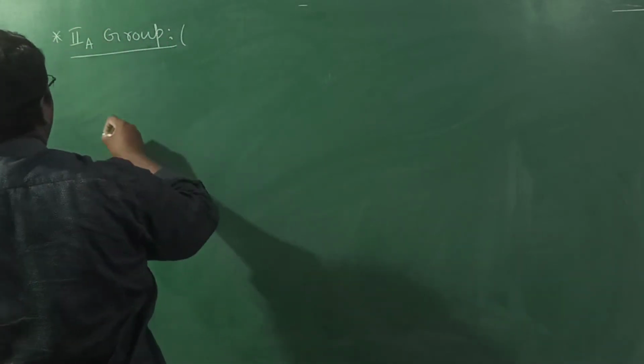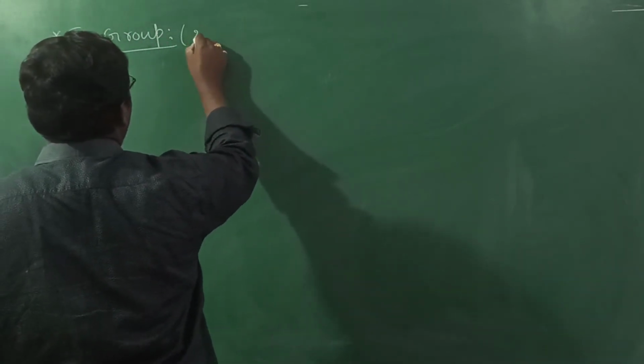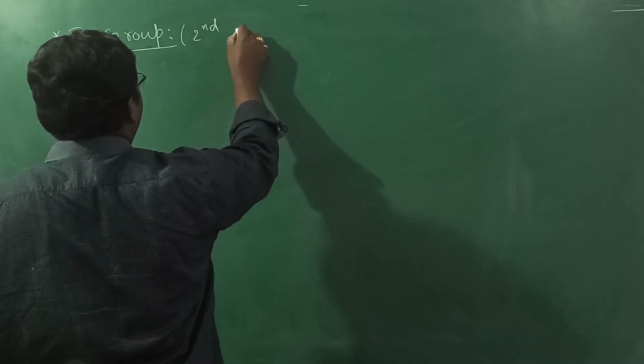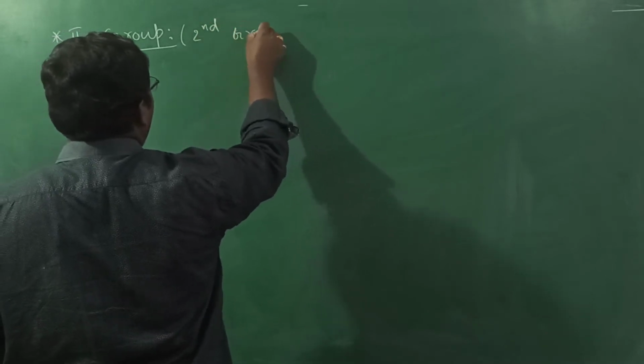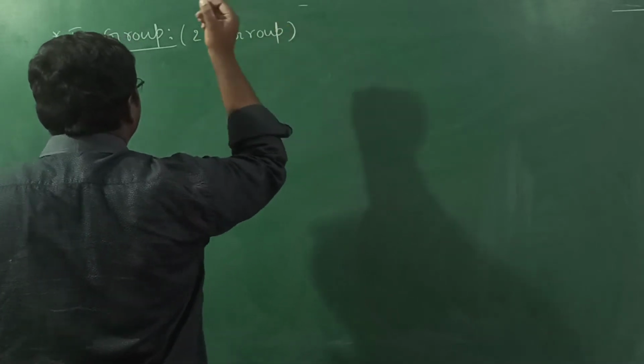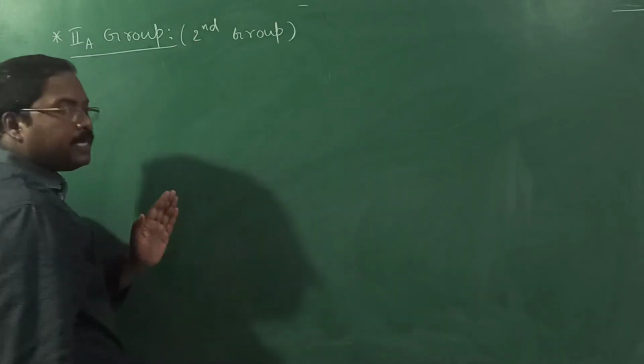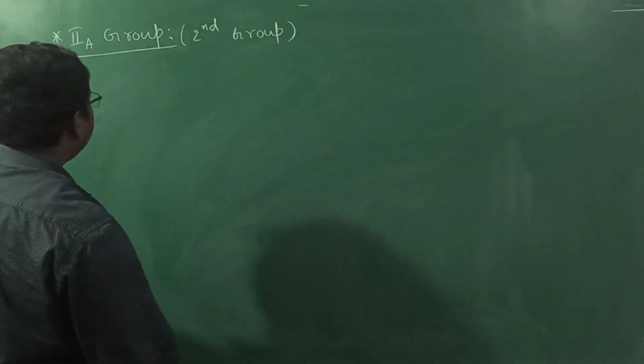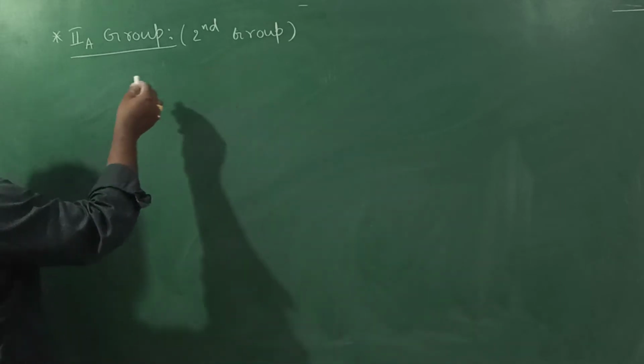Now coming to the next group, the second A group, which is simply the second group. After the first A group, now observe the table. Look at the elements.